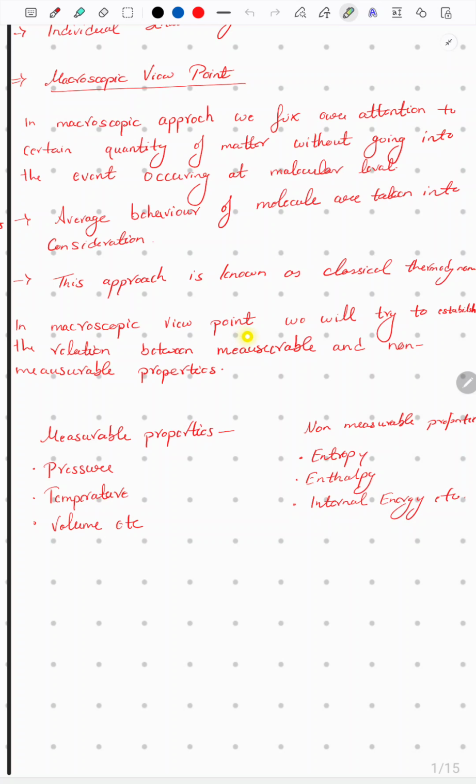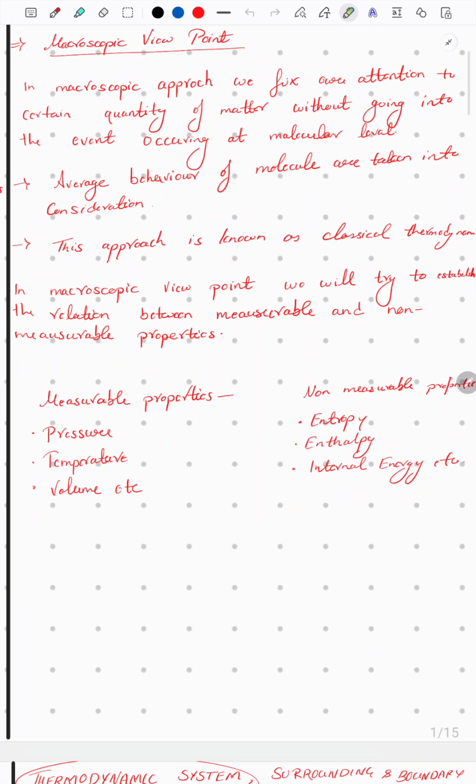In the macroscopic viewpoint, we will try to establish the relationship between measurable and non-measurable properties.